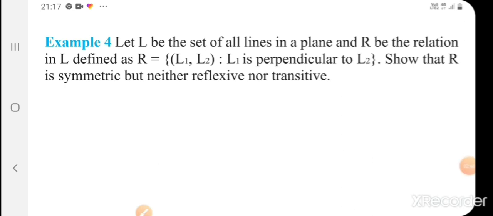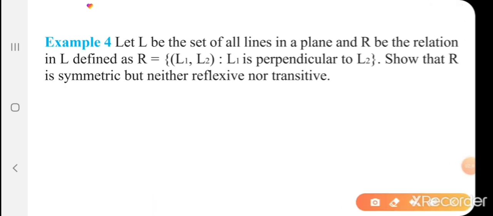Next, example 4. Let L be the set of all lines in the plane and R a relation in L. Define R as the ordered pair (L1, L2) if L1 is perpendicular to L2.